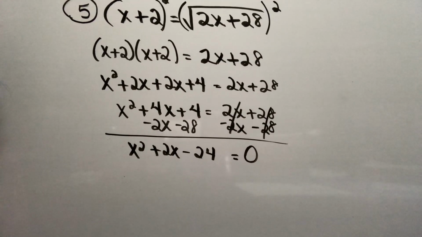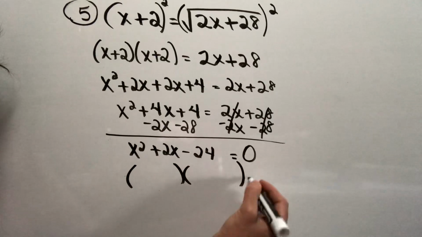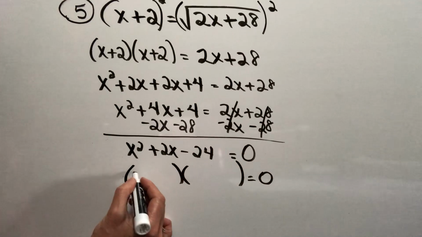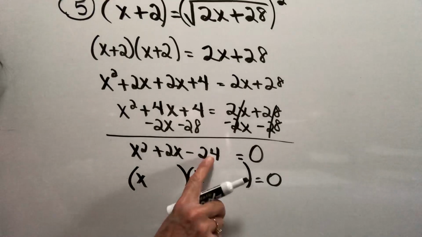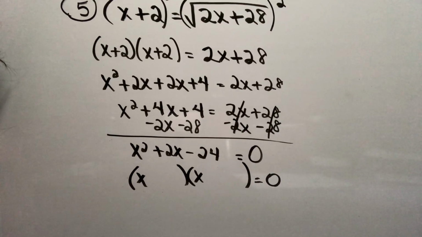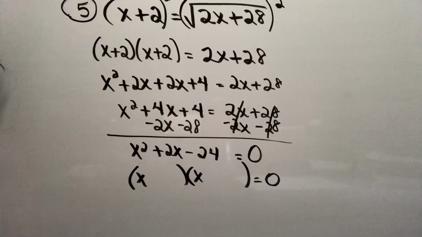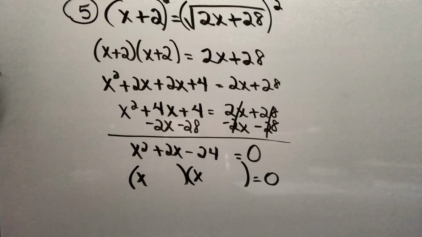So again, it's something that is factorable, so we're gonna do that, but if you can't factor, go to the quadratic formula. This one's pretty easy. To get x squared, they would have to be x and x here. You would think of factors of negative 24, and there are a bunch. You'd want to think of like 24 and 1, 12 and 2, 6 and 4, 8 and 3.